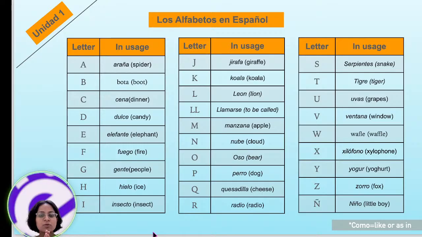So if I'm saying a letter, it might or might not have the same sound when it is presented in the word. Like bay, the name of the letter is bay, but when I use it in bota, I'm not saying beota. Bay is the name of the letter.